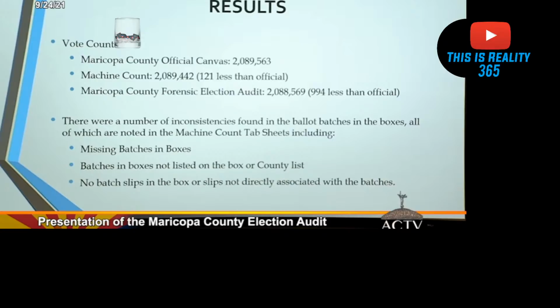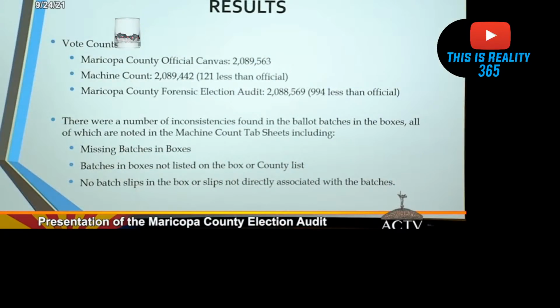Not surprising. One of the things we did learn on the machines when we were testing them and setting them up to operate is that when there was a miscount, and we did do recounts based on that, essentially it was an undercount. So being a little bit less than the official canvass count was not surprising.